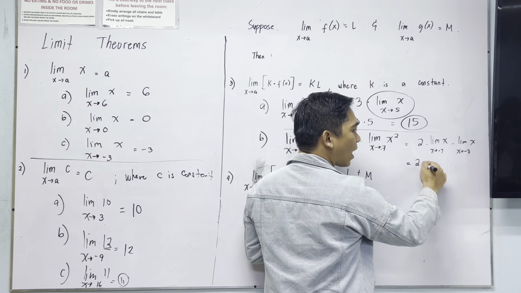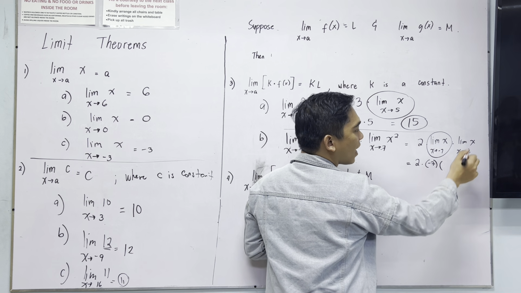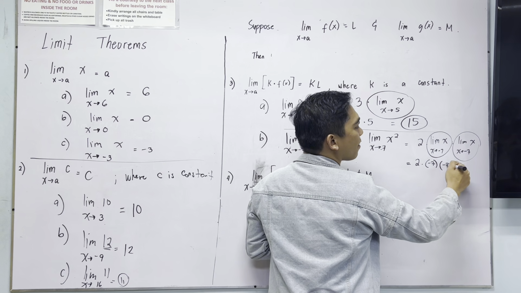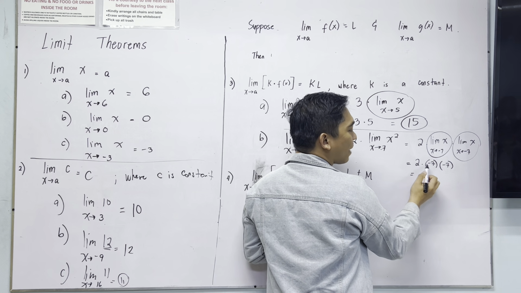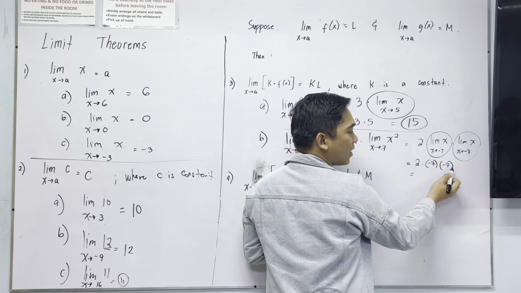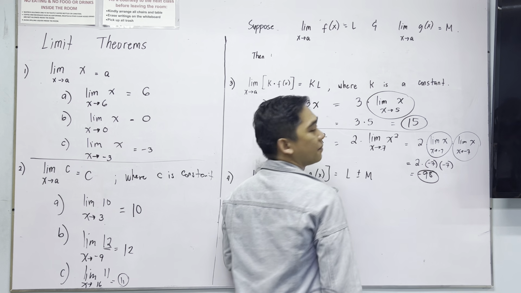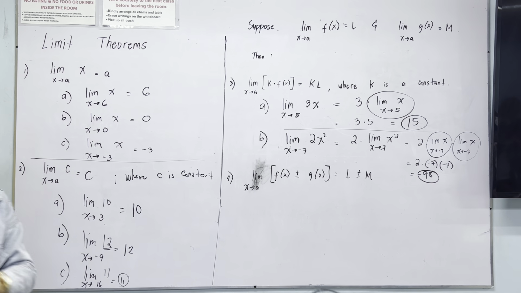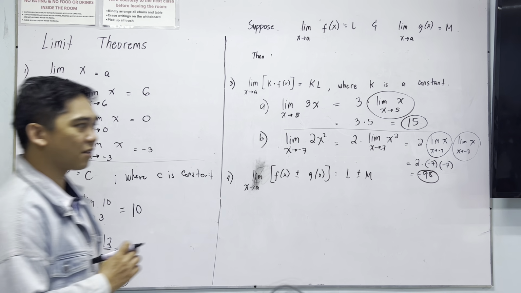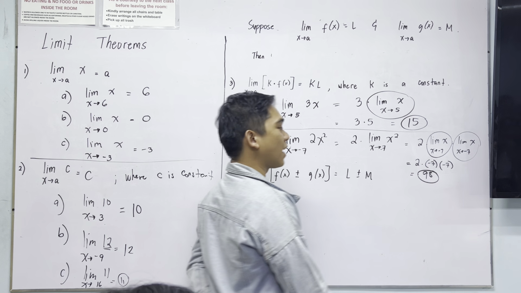So we have 2 times negative 7 times negative 7. 49 times 2, 98. Dapat positive, kasi negative times negative, positive. Positive 98.